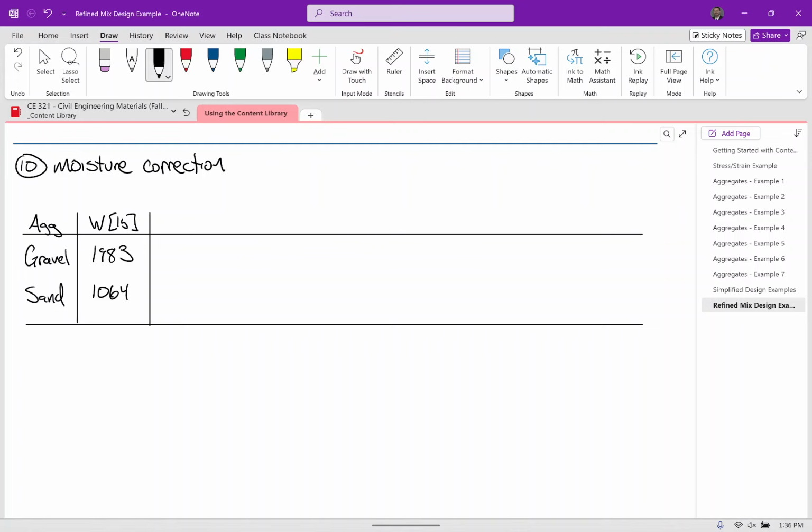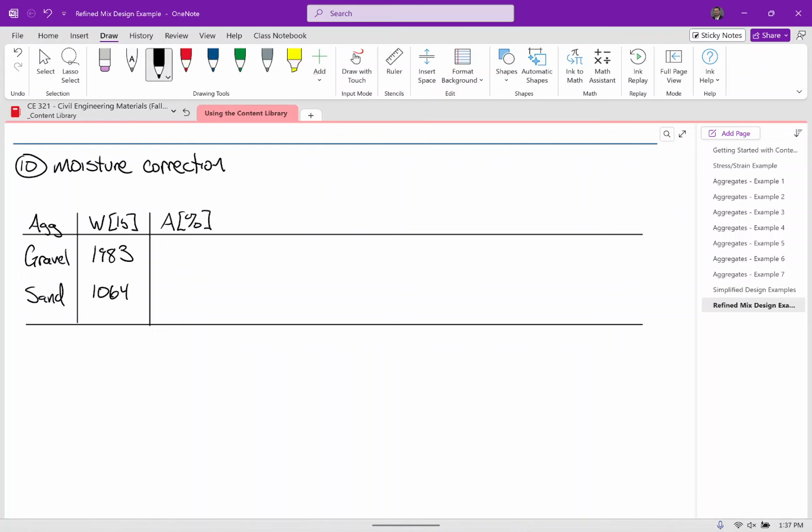Okay. So first thing I'm going to do is look at saturated surface dry. I'm going to assume that all the pores are full and the surface is dry. So I need the absorption of each aggregate.